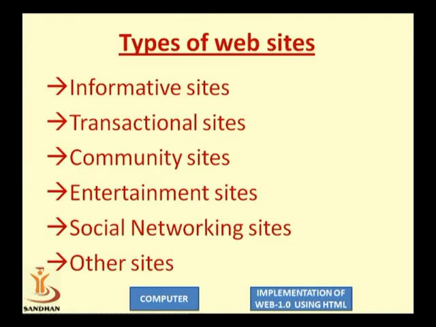There are different types of websites. One is informative website, second is transactional, third is community, then entertainment sites, social networking sites and education sites. What do you mean by an informative site? An informative site is one by which we can only get information, nothing more. So that is an informative website. These are the types of websites.